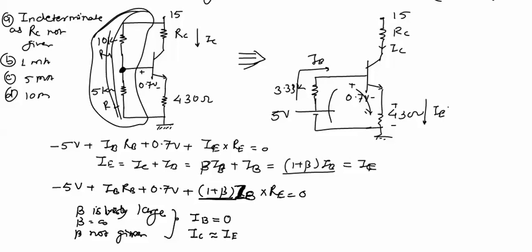Now we'll start. Here beta is not given, so we will take IE equal to IC and we'll apply KVL in this loop. Now we'll solve this problem again.